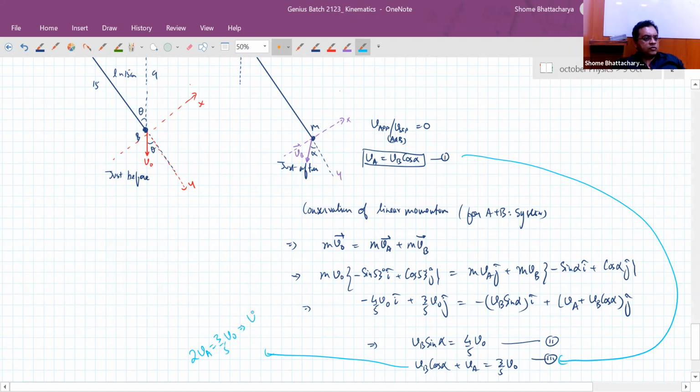So vA is equal to 3 by 10 v naught. And then further it tells us that vB cos alpha is equal to 3 by 10 v naught. Okay. Because vA is equal to vB cos alpha, and vB sin alpha from equation 1 is 4 by 5 v naught. So square and add these.